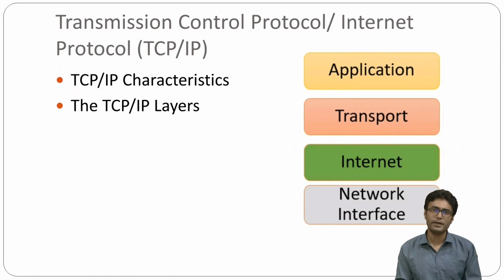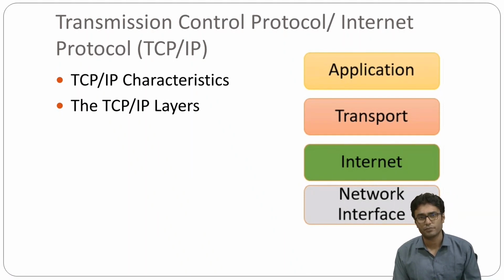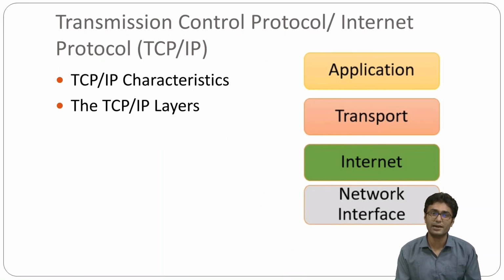The TCP/IP stack is open, which means that there are no secrets as to how it works. Two compatible end system applications can communicate regardless of their underlying architectures, although the connections between layers are not defined. The TCP/IP stack is comprised of modules.